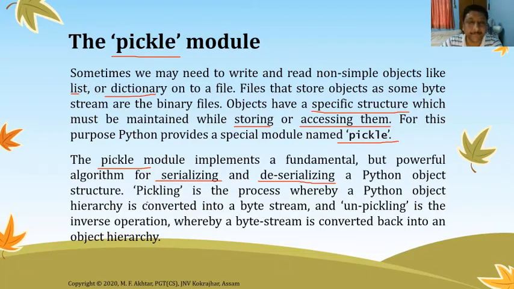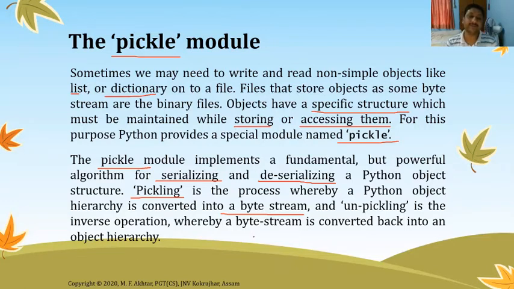Pickling is one technical term. Pickling is the process whereby a Python object hierarchy is converted into a byte stream. When we write some data into the computer, that process is known as pickling. And unpickling is the inverse operation whereby a byte stream is converted back into an object hierarchy.